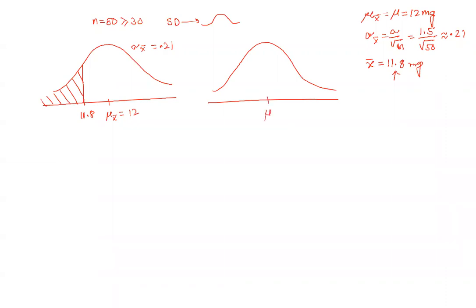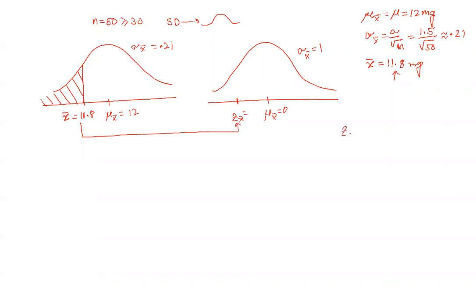So mu sub x bar is equal to 0, and sigma sub x bar is equal to 1. So now this point, my x bar, the average, would map to some number here, which is going to be z sub x bar. So it's going to map right here. Now, how do I find that?